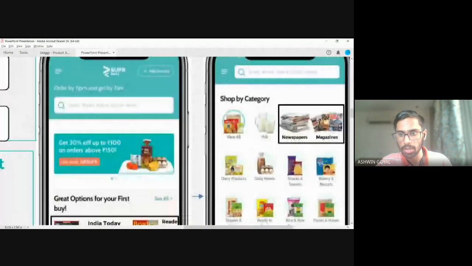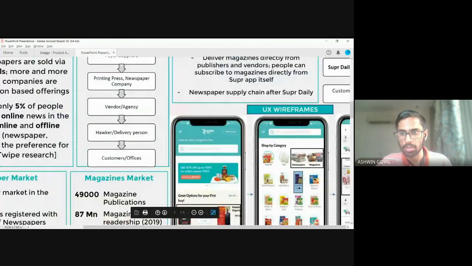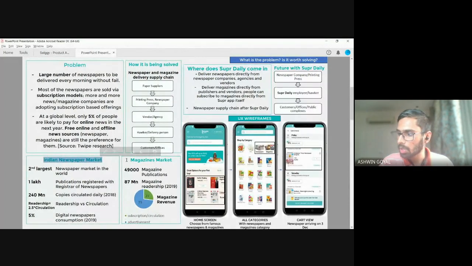For example, the daily need items, daily dairy products, snacks and sweets. Then I talked about the Indian newspaper market. What is the size of this market? How big is the magazines market? Because we just need to talk about newspapers and magazines. So that is the total market size.